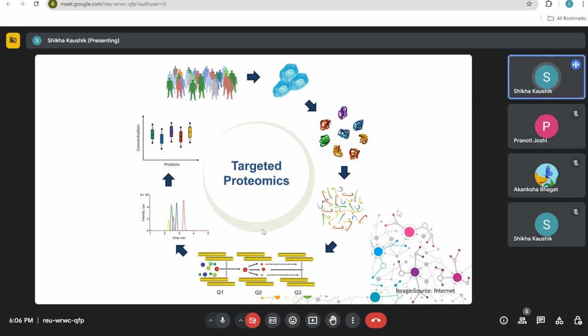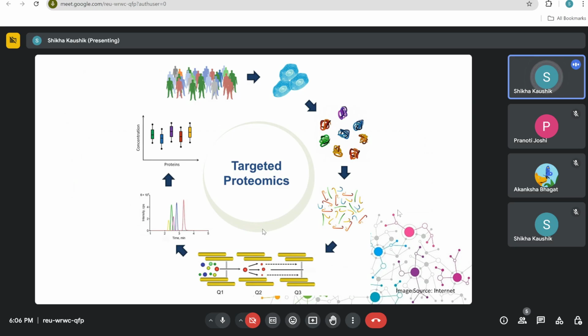Just to give you a brief again, targeted proteomics is when we are not doing any kind of discovery, rather we have prior knowledge of what we want to study. Whenever we do a proteome analysis, we know we have to study these many proteins and observe the expression of these proteins.